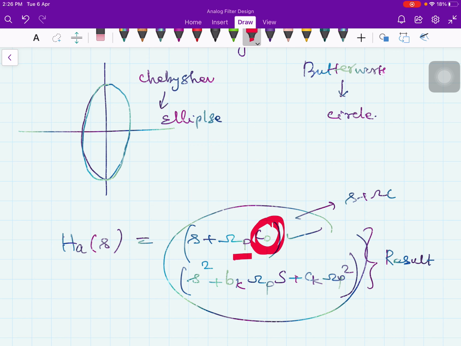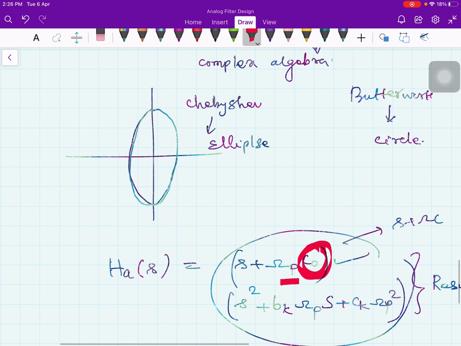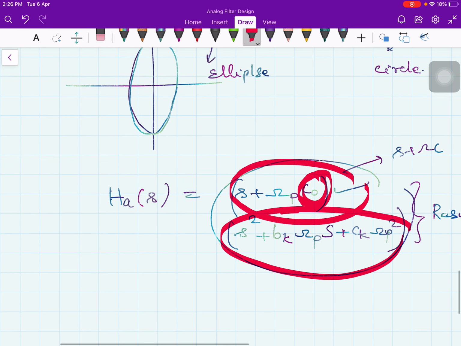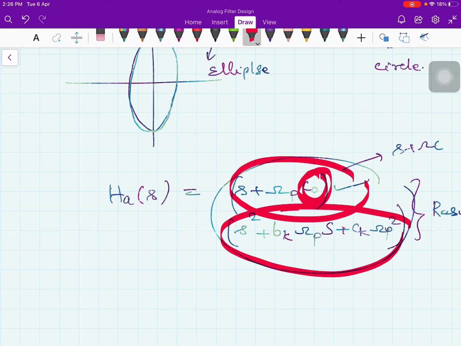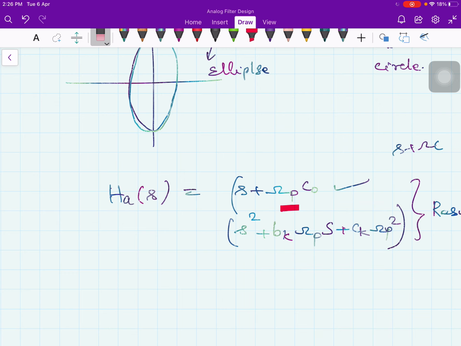Such a factor will arise in the denominator only when the order is odd. If the order is even, then you will have only the quadratic factors s squared plus bk omega p s plus ck omega p squared. So the first factor is s plus omega p c naught, and the second factor would be a quadratic factor.